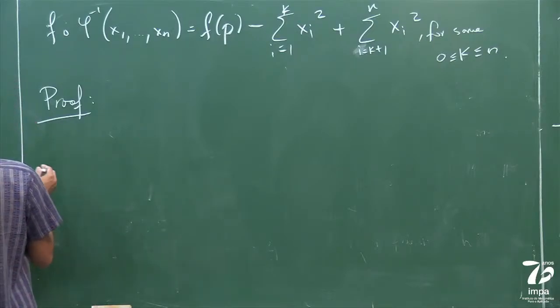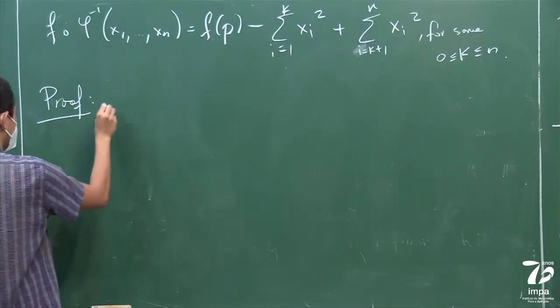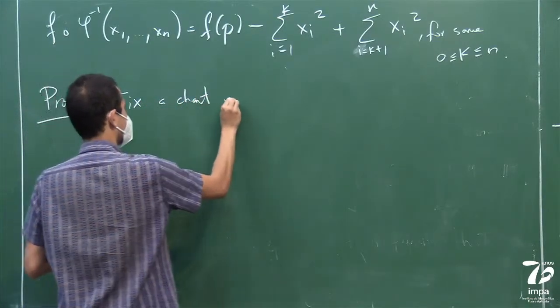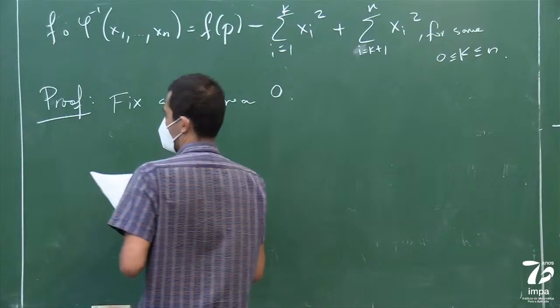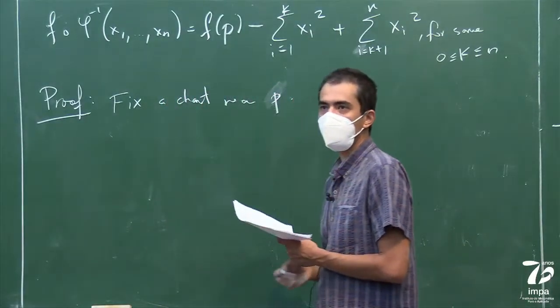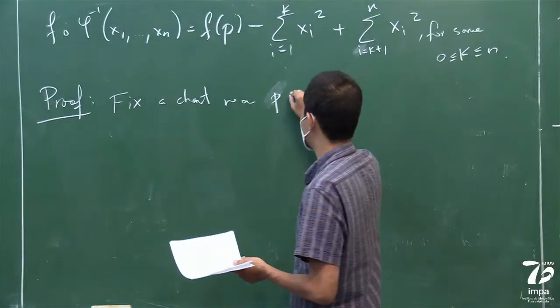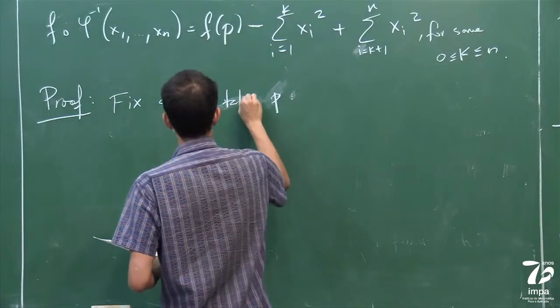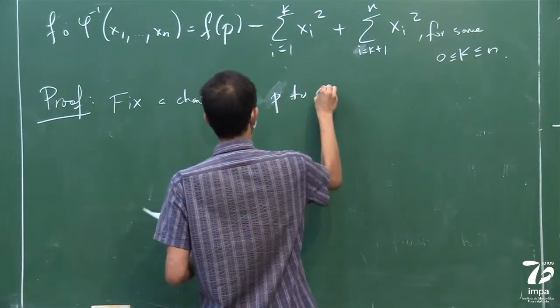Okay, so first of all, we can fix a chart near p, and we can just assume that the chart takes p to 0.